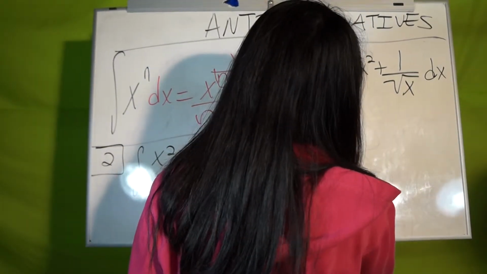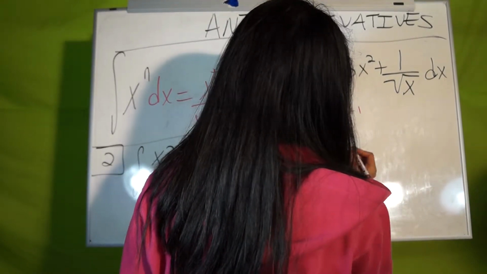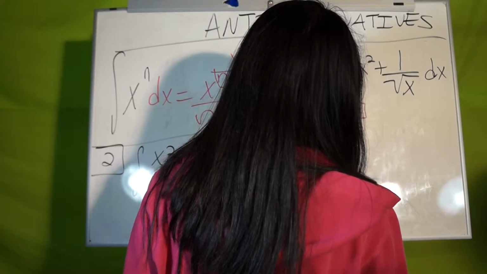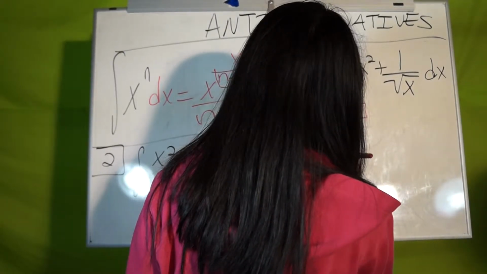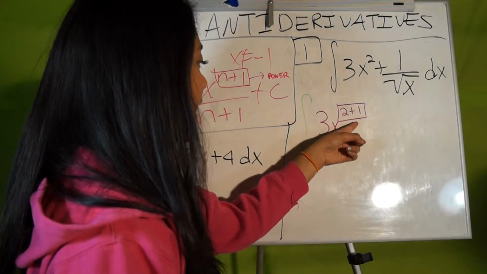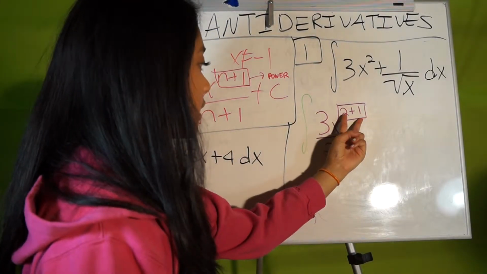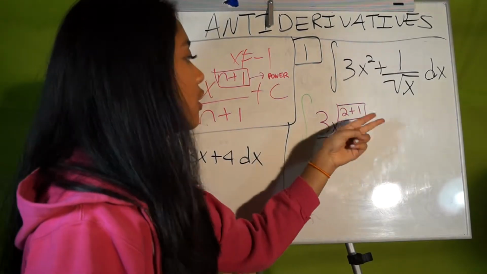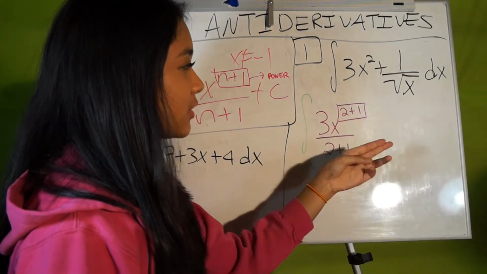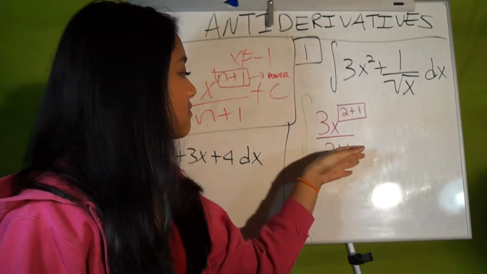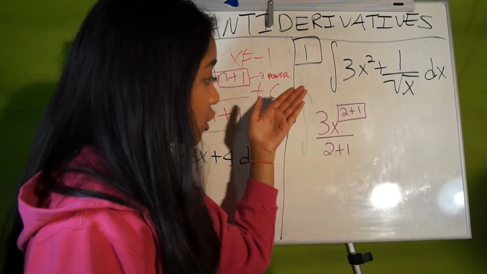You add 1 to the power, 2 plus 1, and divide by this power, which is 3. Essentially you add 1 to the exponent, and then divide the expression by the new power.